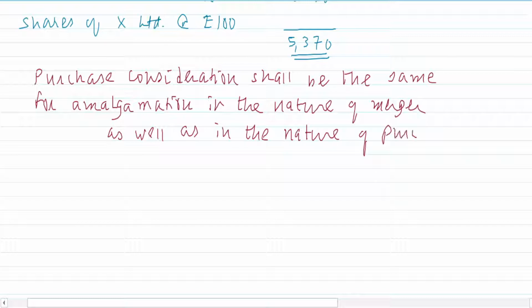Right? There will be no difference in the amount of the purchase consideration.